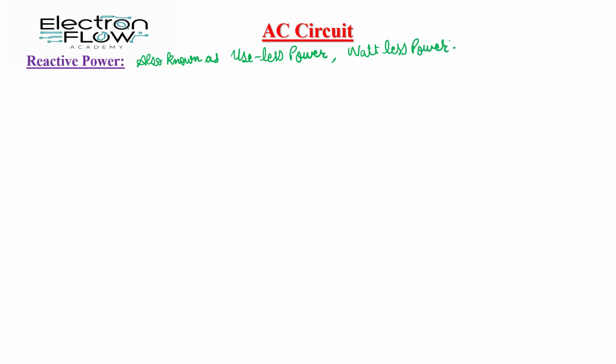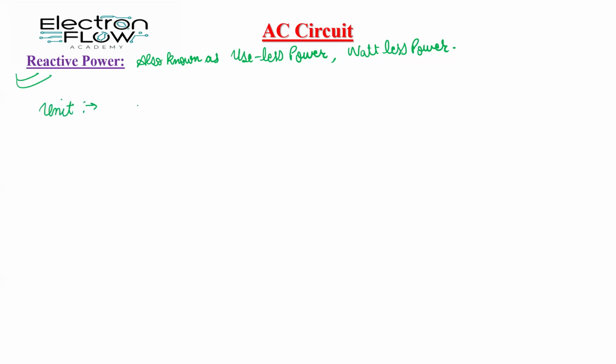Basically, the power that continuously bounces back and forth between source and load is known as the reactive power. Or we can say that the power merely absorbed and returned by the load due to its reactive properties is referred to as the reactive power.